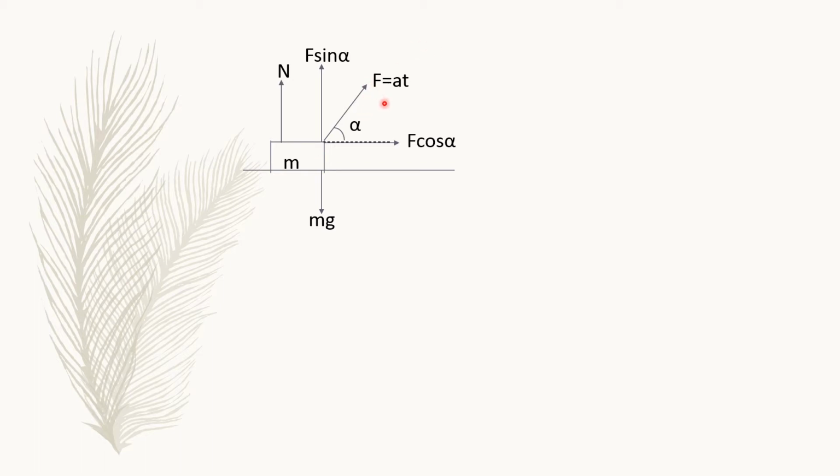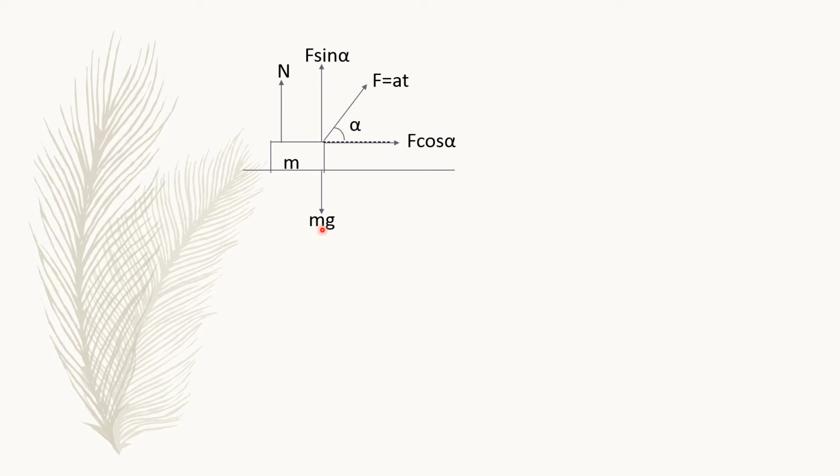As F is equal to a into t, it is given in the question. When t is equal to 0, the F value is 0. That means at t equal to 0, there is no force on this body. As t is increasing, F is also gradually increasing with time. If you see the forces perpendicular to the horizontal plane, then you can see that N plus F sin alpha is equal to mg.